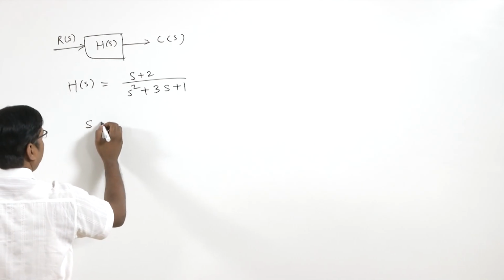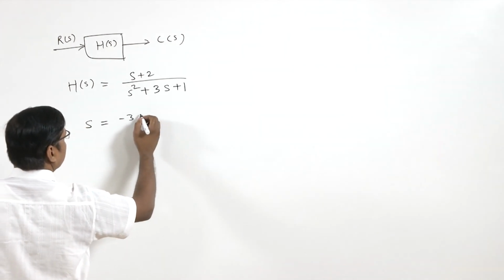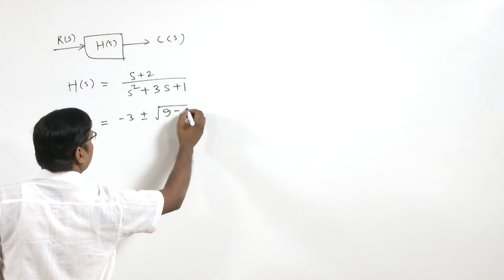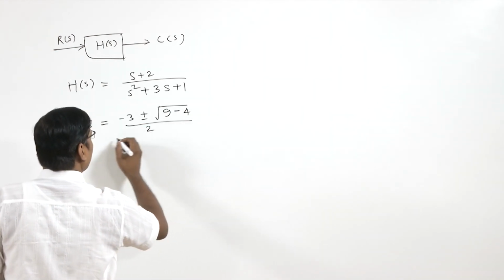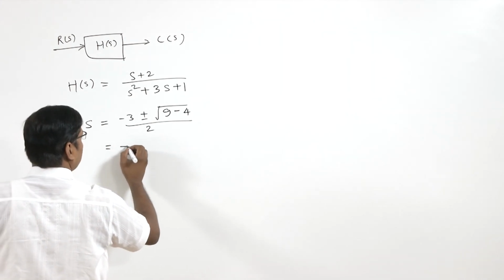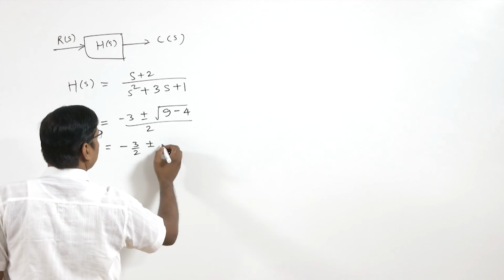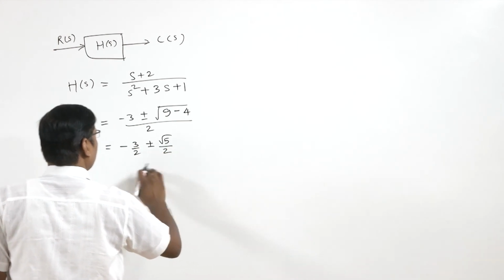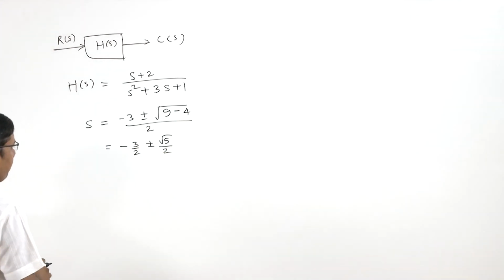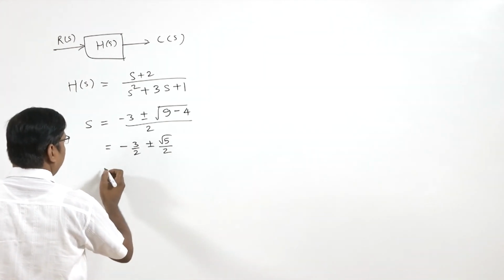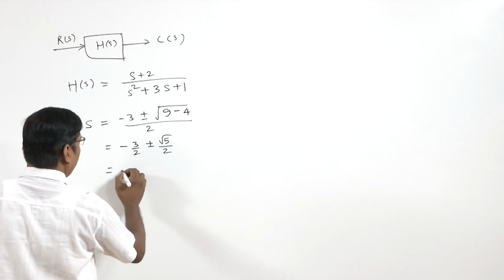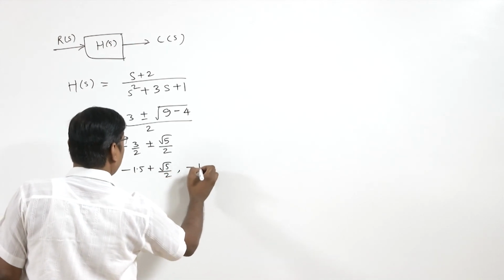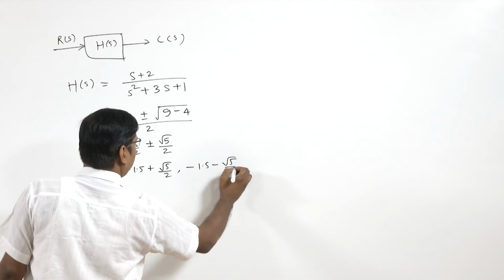So s equals minus 3 plus or minus the root of b square minus 4ac, that is 3 square minus 4ac, upon 2. So minus 3 by 2 plus or minus root of 9 minus 4, which is root 5 by 2. So we have the roots minus 1.5 plus root 5 by 2 and minus 1.5 minus root 5 by 2.